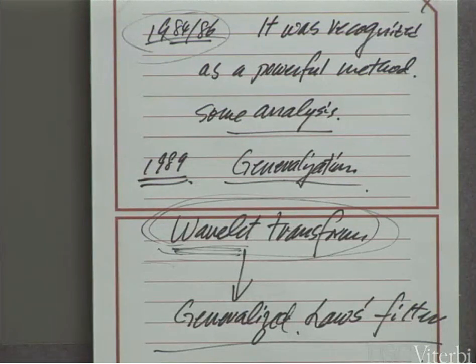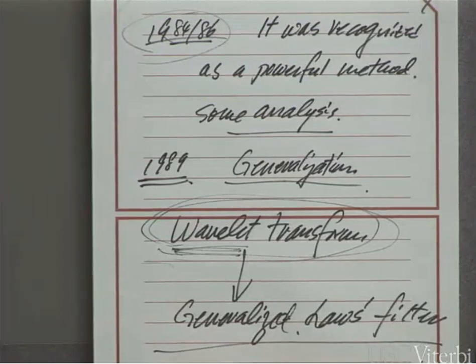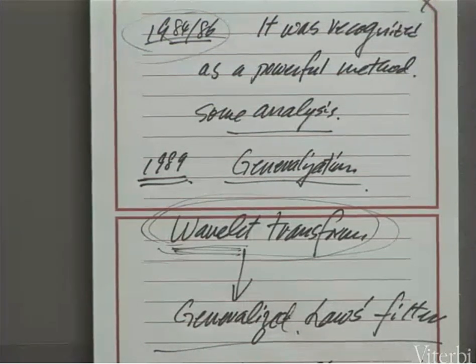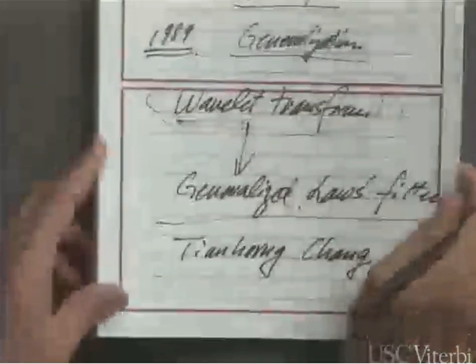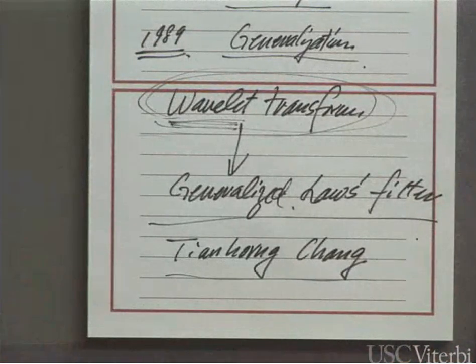I don't know about his family, maybe his family thinks about him, but I also think about him a lot, because he's really a student I liked a lot, but misfortune happened. Okay. His name is Tianhong Chen. He definitely deserved a PhD, but he didn't take the defense.